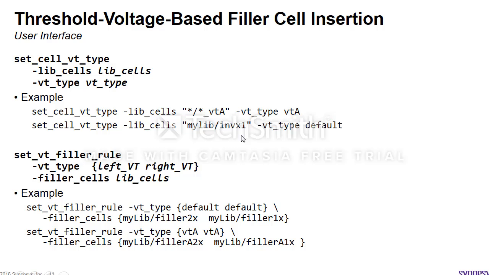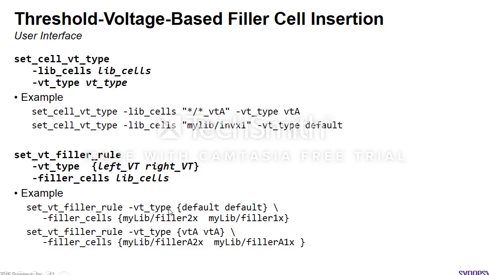For example, you specify inverter, its VT is default, and between default and default, you can have feeder 2x and feeder 1x, and you specify another VT A, and between VT A and VT A, you specify to fill the gap by feeder A 2x and feeder A 1x.